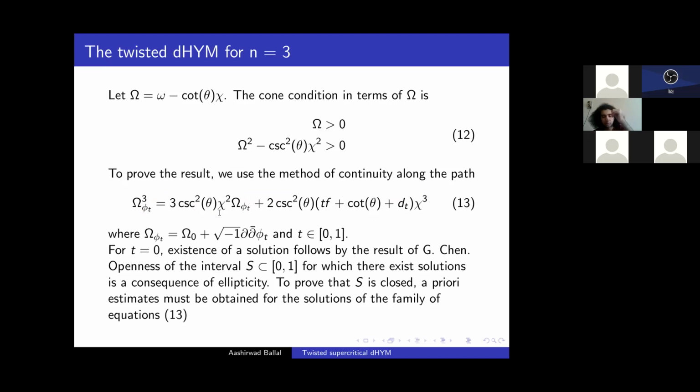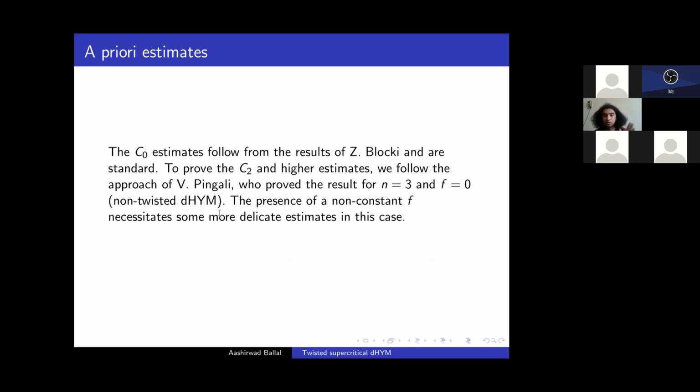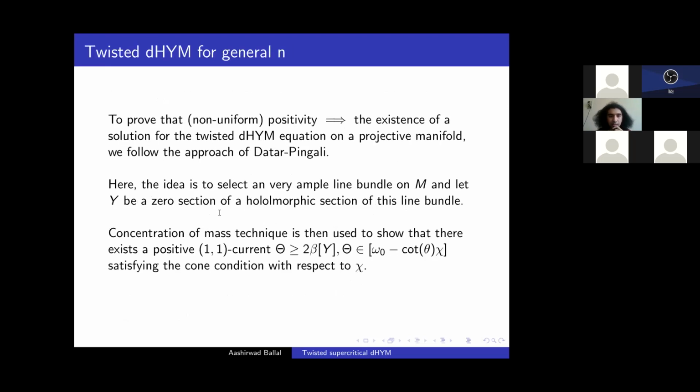Openness is standard, and the fact that it's non-empty follows from Gao Chen's result, and we can also show that it's closed through some involved calculations.